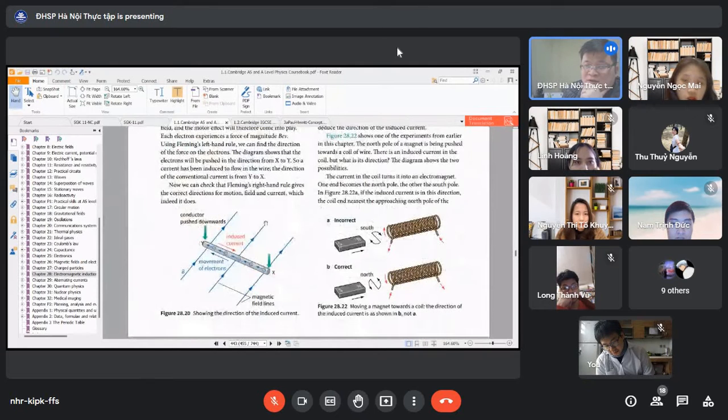And this one we call solenoid. Yeah, but in many cases they use coil and solenoid in more or less the same way. But if we try to differentiate between the coil and solenoid, how can you do?